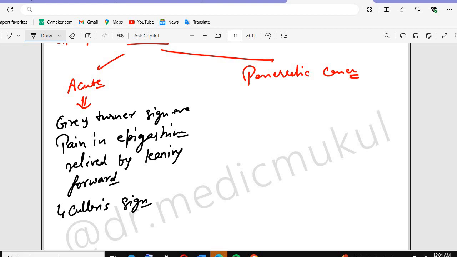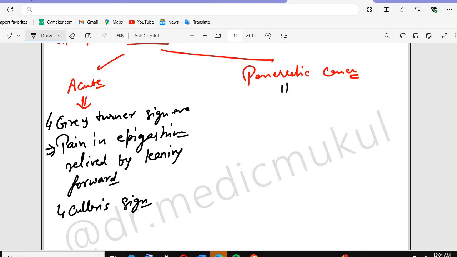So there are signs that you will see: the Grey Turner sign, the Cullen sign, and pain in the epigastrium that is relieved by leaning forward. Remember these three things; you can just imagine that this is talking about acute pancreatitis.